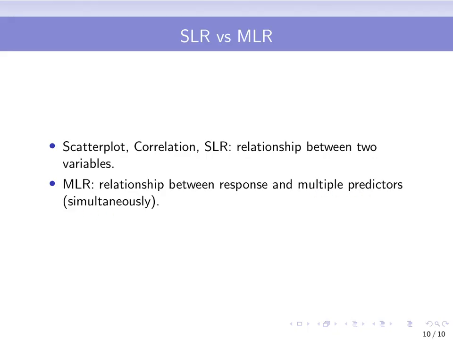So you have to be aware of what your goals are and what you really want to do before deciding whether to put multiple predictors in. We could improve the model in terms of predicting the response by including more useful predictors. But if your goal is only to explore the relationship between two variables, then you're really in the simple linear regression framework.